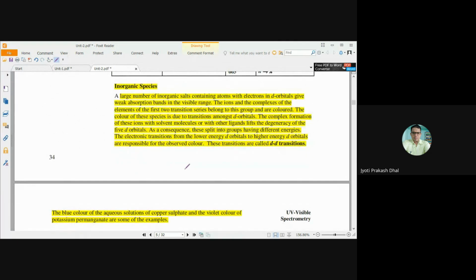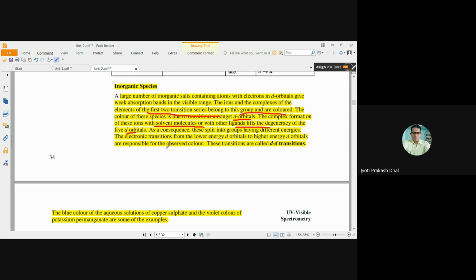Now coming to inorganic species, a large number of inorganic salts containing atoms with electrons in the d orbitals give rise to weak absorption bands in the visible range, and the ions and complexes of the elements of the first two transition series belong to the group under color. The color of these species is due to transition among the d orbitals. The complex formation of these ions with solvent molecules or other ligands lifts the degeneracy of the five d orbitals.